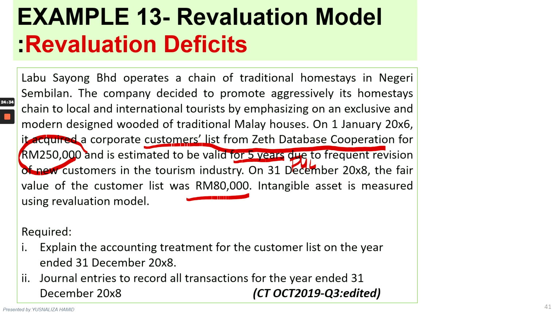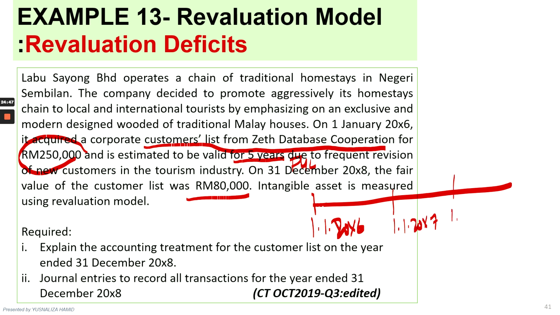That was happening for a period from 1st January 20X6 up until 20X7. This is 1st of January 20X8, and this is 31st of December X8. So this is again 3 years.